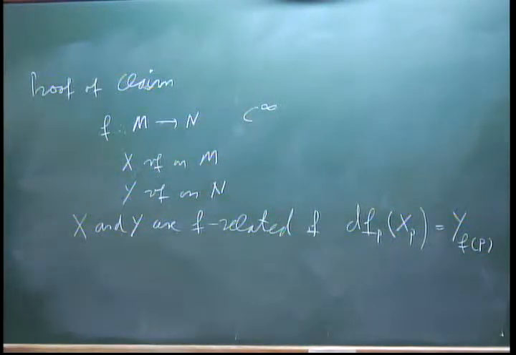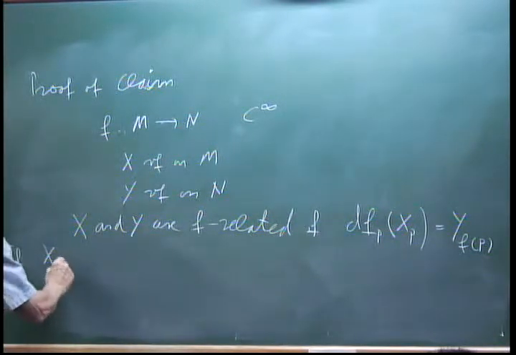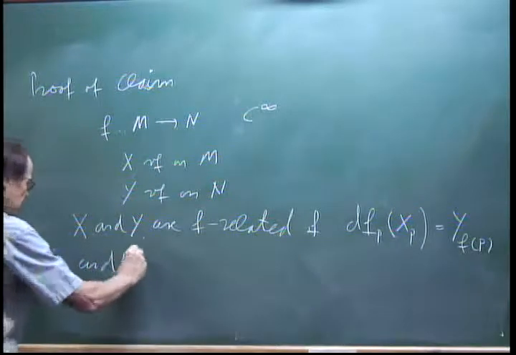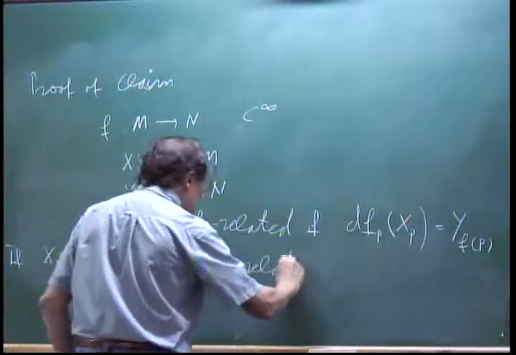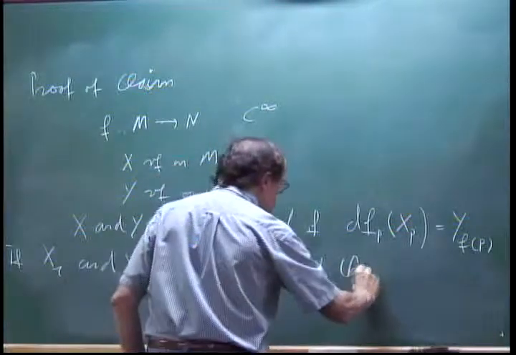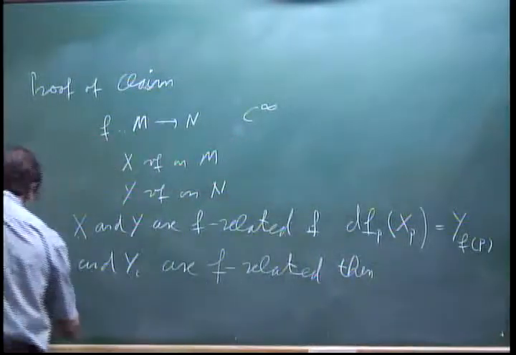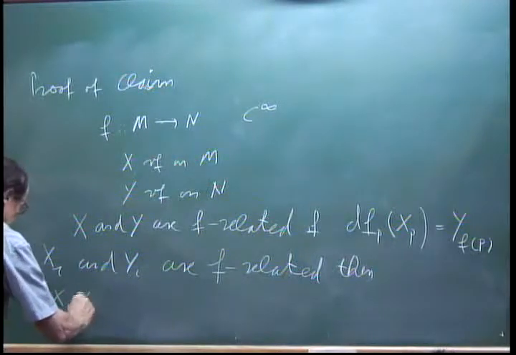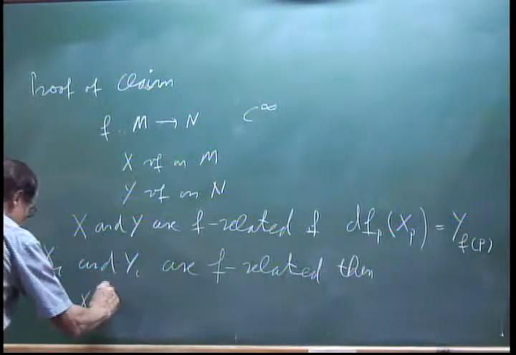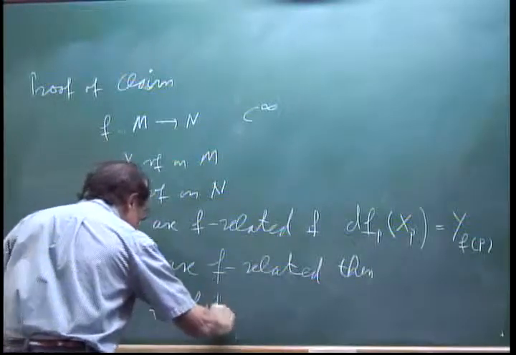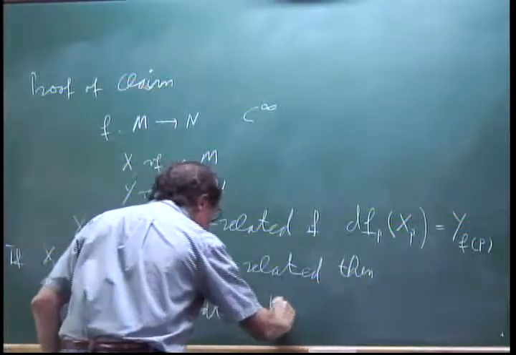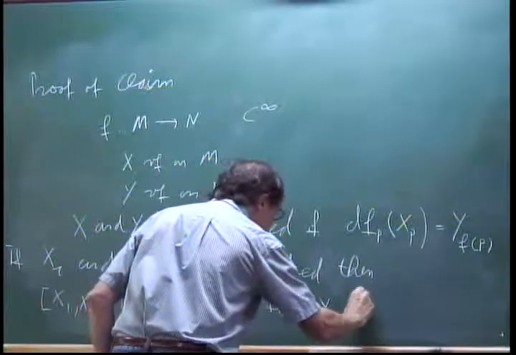And then the fact from calculus is that if Xi and Yi are F related, then the Lie bracket of X1, X2 is F related to the Lie bracket of Y1, Y2.